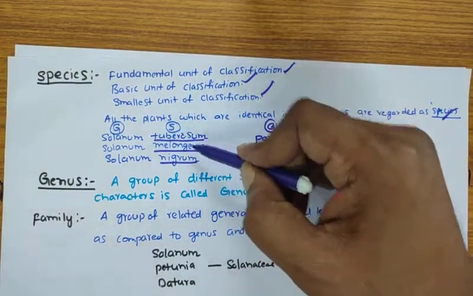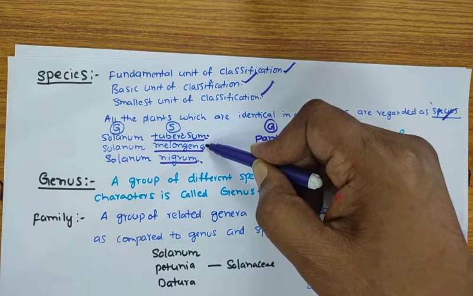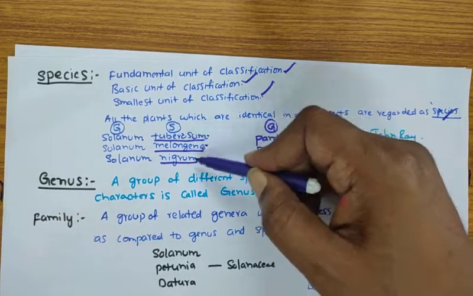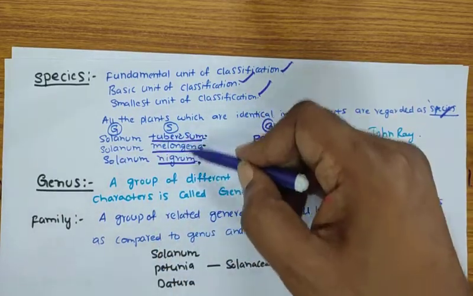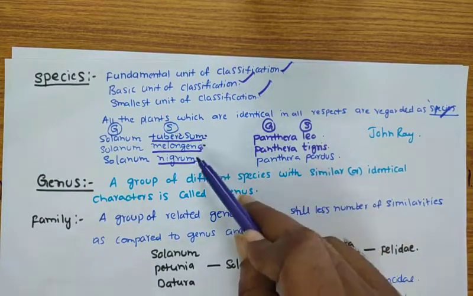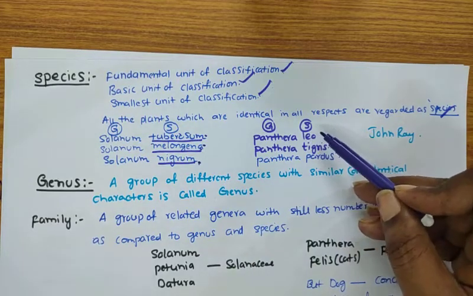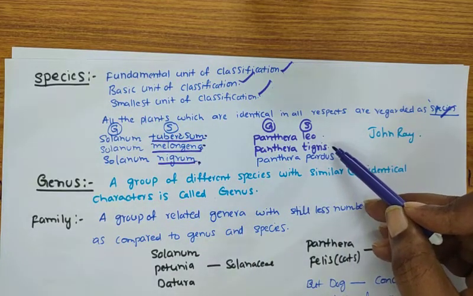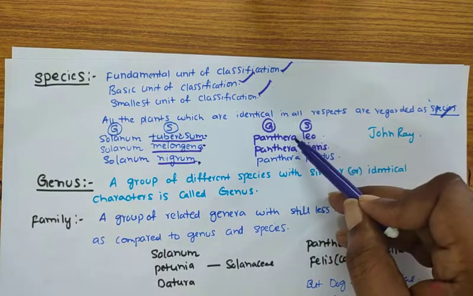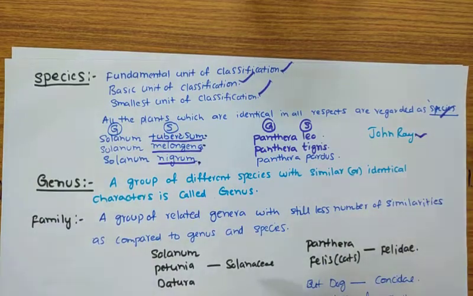Take tuberosum, melongena, nigrum: tuberosum is potato, melongena is brinjal, nigrum is a common weed. All these belong to one genus, and these are the species. Like in animals, leo, lion, tigris, tiger, all these come under Panthera. The term species was coined by John Ray.